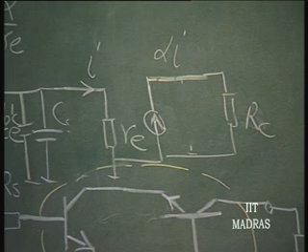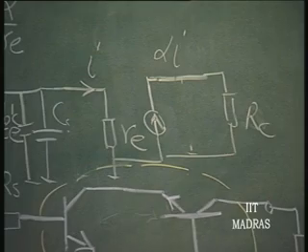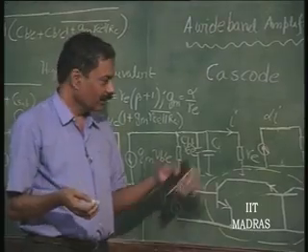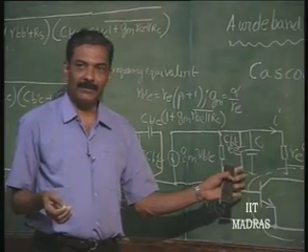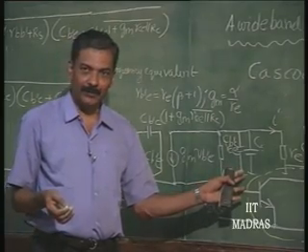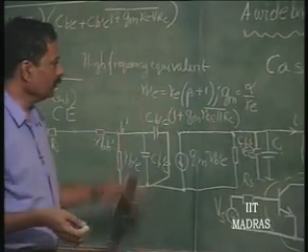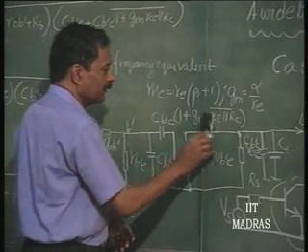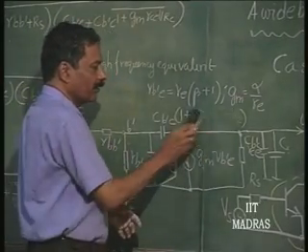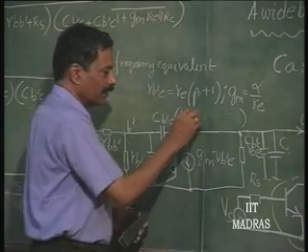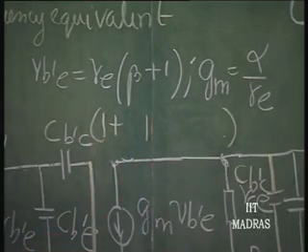So, this is the equivalent circuit, that is RC, that is all. What this does is, this does not take part in deteriorating the high frequency performance of the structure, but as far as the common emitter is concerned, its high frequency performance is improved, because the Miller effect is now just this is Gm, and if both are operating at the same current, this will be 1 over Gm, and the gain is going to be 1 plus 1.